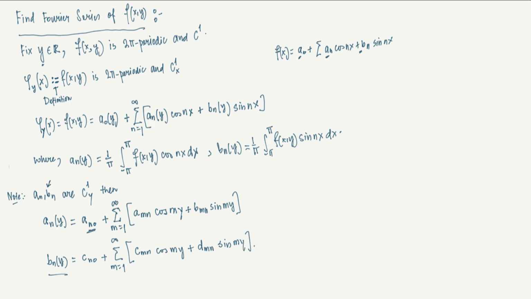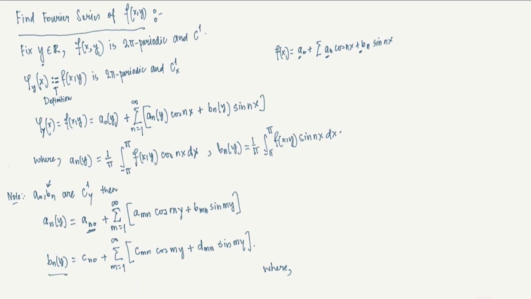Okay, now let me put down what the coefficients are. a_{mn} equals 1 by pi, which was already there, right? And then you have another 1 by pi.